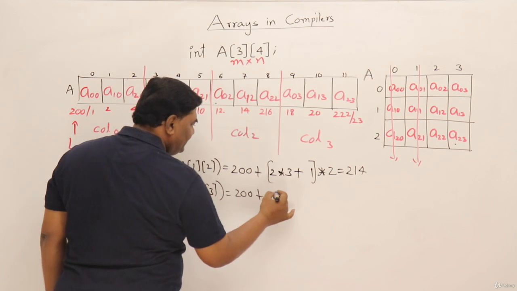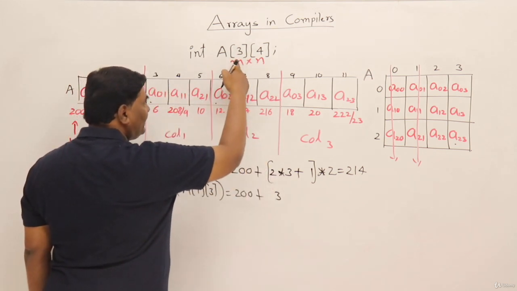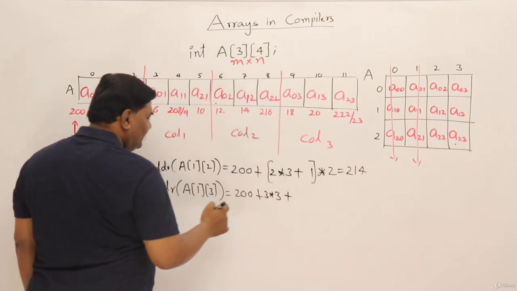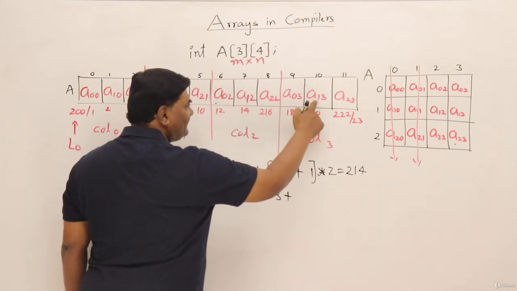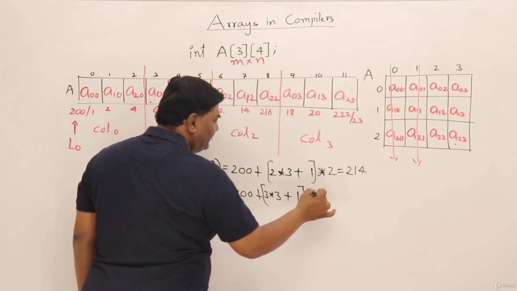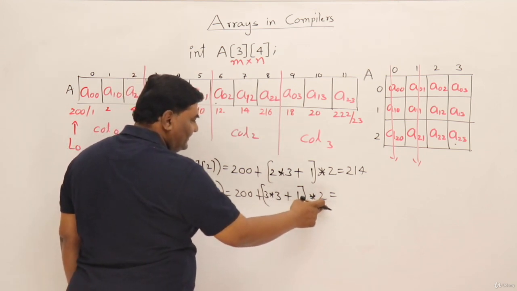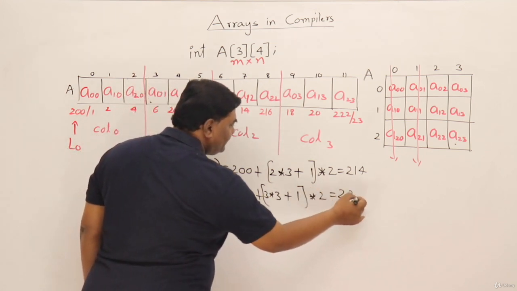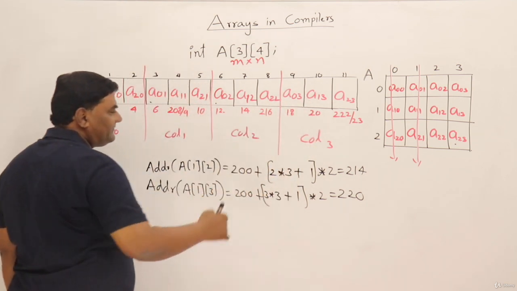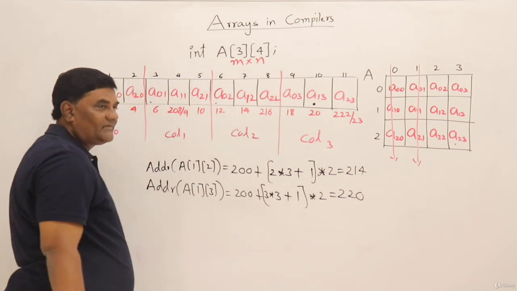So I have to skip 3 columns, and in each column there are 3 elements. So this is 3 into 3 plus... Now once I reach here, how many elements should I move forward? Just one element. So this is multiplied by 2, and this is 3 times 3 is 9, plus 1 is 10, into 2, that is 20, so 220. This is the address. Yes, 220. The element A[1][3] is here.